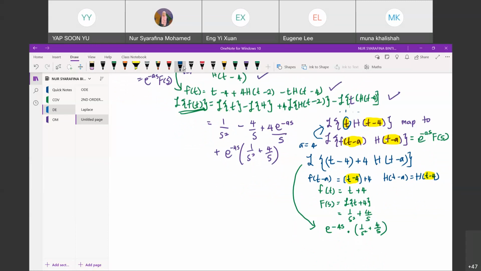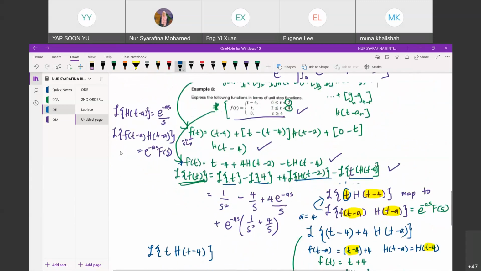Okay, now what we did just now is transforming this f(t). So we transform one by one here, right? Okay, once again, we want to transform t h(t minus 4). As you can see, before this, we just transformed the unit step function alone, h(t minus a). But here we have another function together with that h(t minus a), which is t.